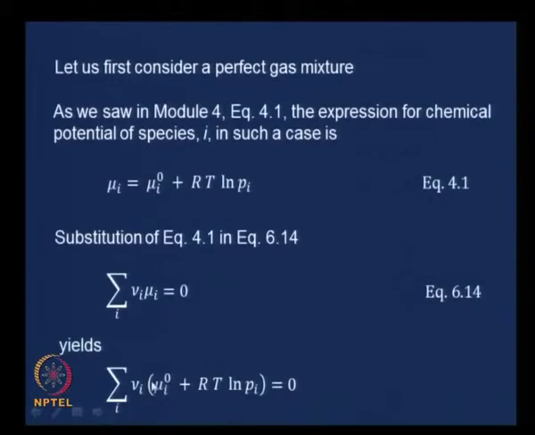This is the condition here, which can of course be written as, we are just multiplying the terms and combining them appropriately using the definitions of log and the definitions of log of a to the power b and so on. We are going to do that now. So, if you do that, sum over i nu i mu i naught plus RT, T is a constant here, sum over i ln of Pi power nu i. If you recall, this would have been nu i ln Pi, which is ln of Pi power nu i.